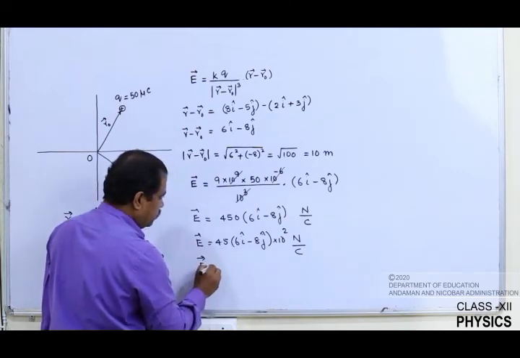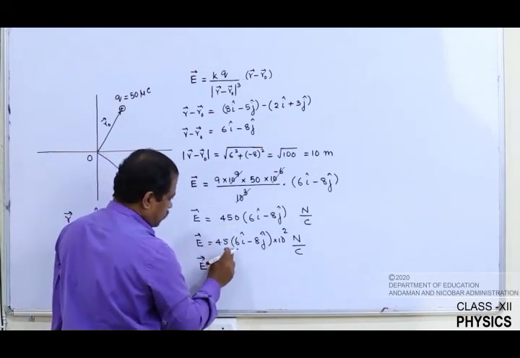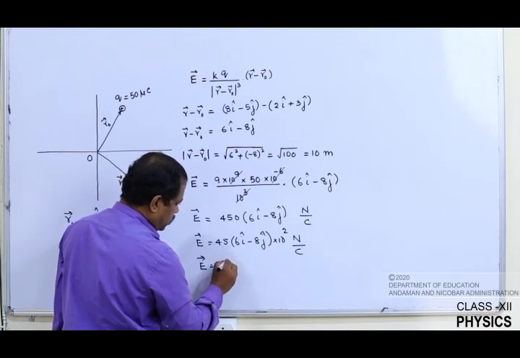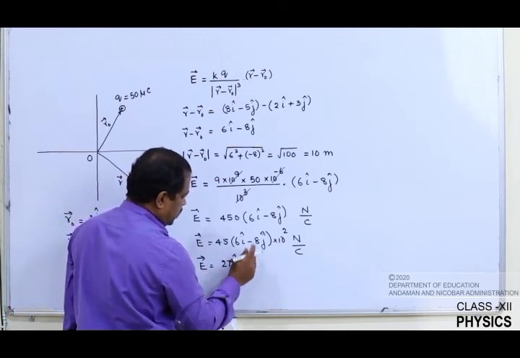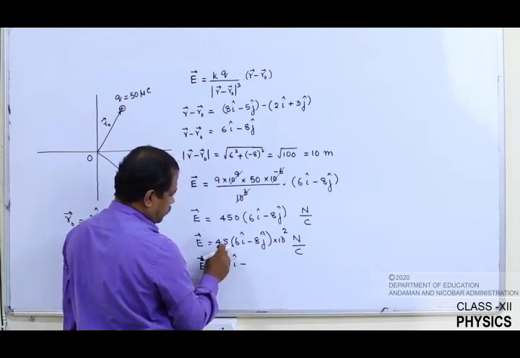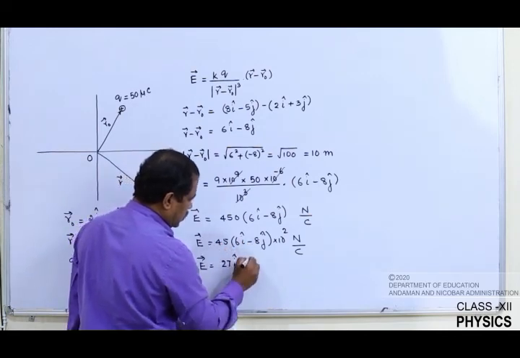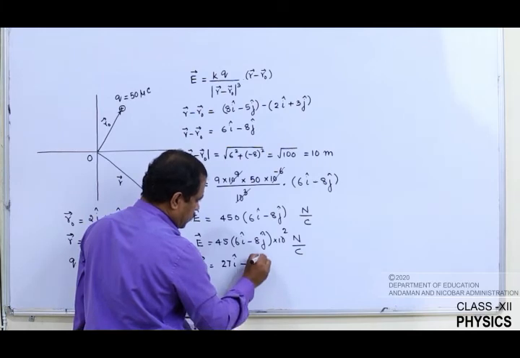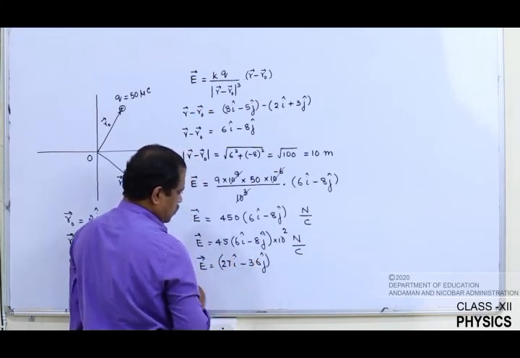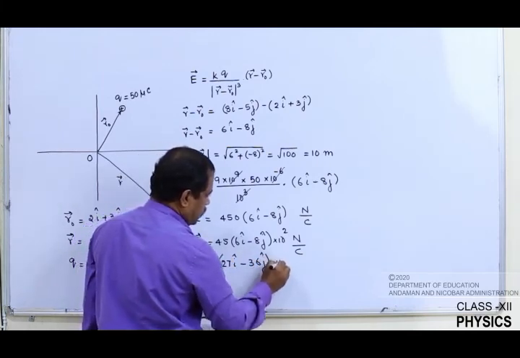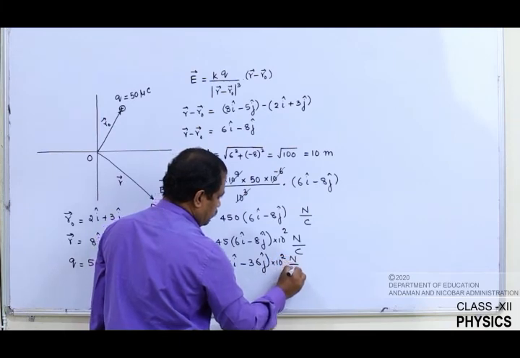E is equal to 4.5. So, this is 27i cap minus, 8 5s are 40, 8 4s are 32, so 36j cap, into 10 power 2 Newton per coulomb.